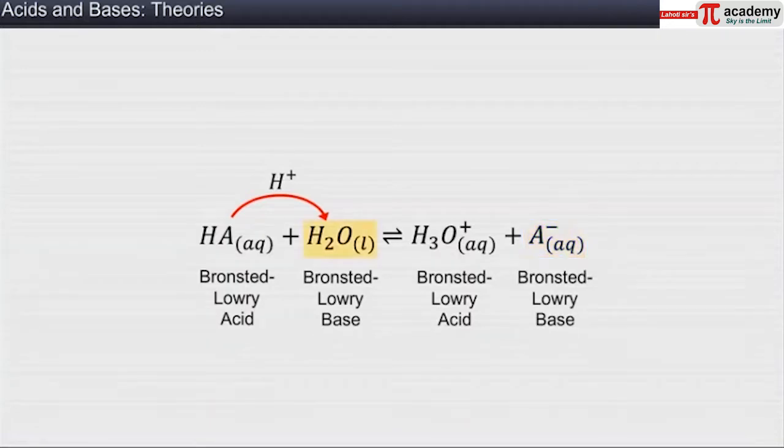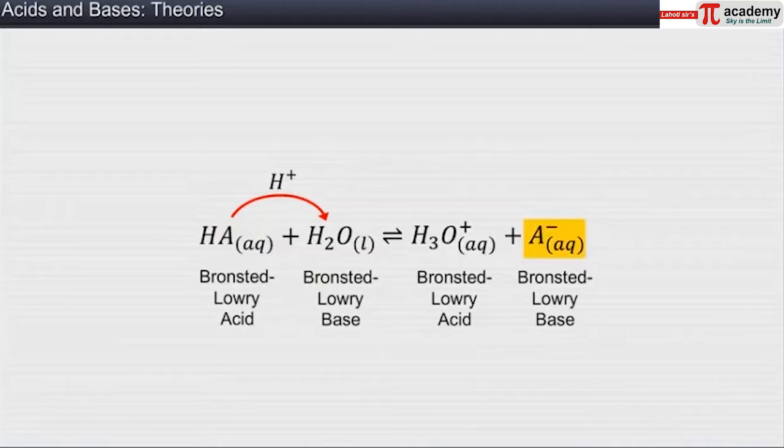This is because a Bronsted-Lowry base, after accepting a proton, becomes a Bronsted-Lowry acid as it has a proton to donate. And a Bronsted-Lowry acid, after donating a proton, becomes a Bronsted-Lowry base as it now has room to accept a proton.